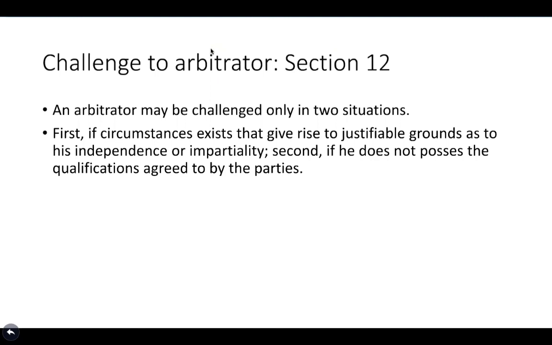The first ground is that there are justifiable grounds which affect the independence and impartiality of the arbitrator. And the second one is that the parties agreed on a qualification that the arbitrator should possess, and the arbitrator doesn't possess it. So these are the two grounds on which you can challenge the arbitrator.